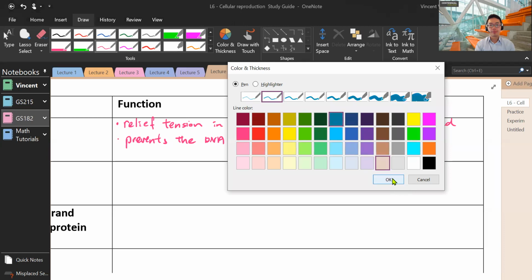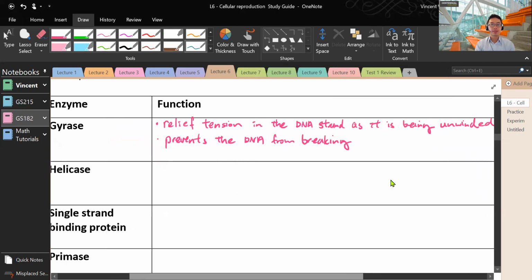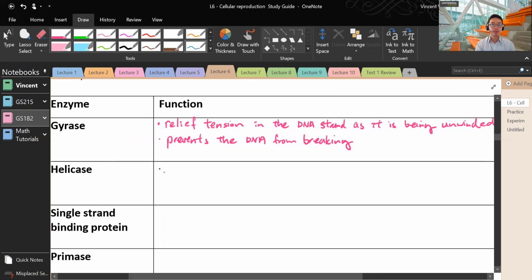Okay, next one. What is the next one? Next one is helicase. Okay, so helicase is the enzyme that would do the actual unwinding. Okay, it unwinds the DNA to create a replication bubble.